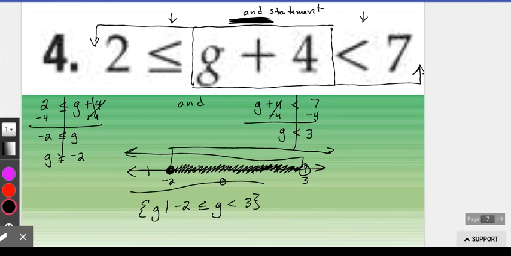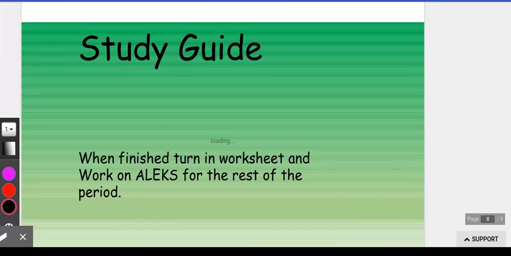Okay? Now, you're going to be starting your worksheet here. I've left one answer key with the sub, and there's also one posted on the chalkboard to the left of my BenQ board. I do want you checking your answers, guys. You've got to make sure you're checking them.